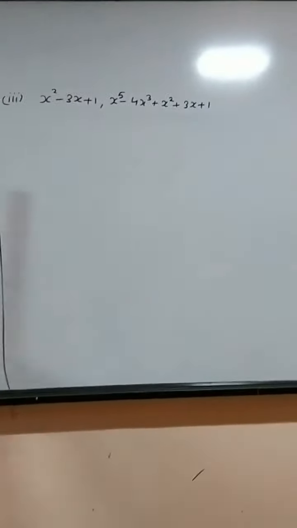You want minus x square: multiply by minus x, minus x into x is minus x square, minus x into minus 2 is plus 2x. 3x minus 2x is x. Both are same, multiply by 1. Remainder is 0. Therefore, gx is equal to x square minus x plus 1.